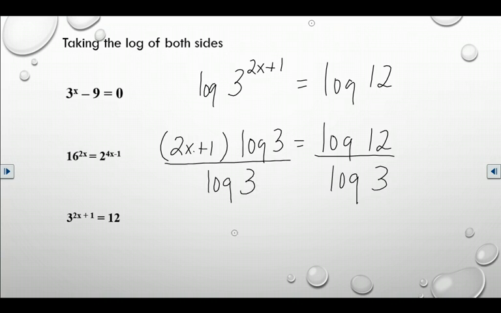And then it's going to give us 2x plus 1 is equal to log of 12 divided by log of 3. That's 2.26. Now, you can finish it. It would be log 12 divided by 4 would be log 4.